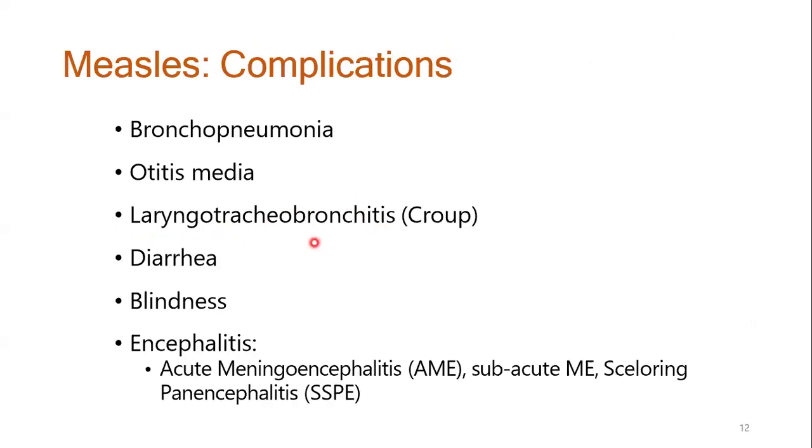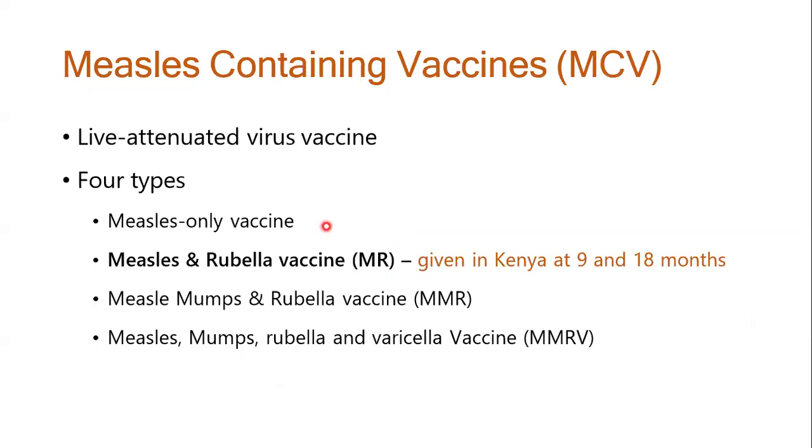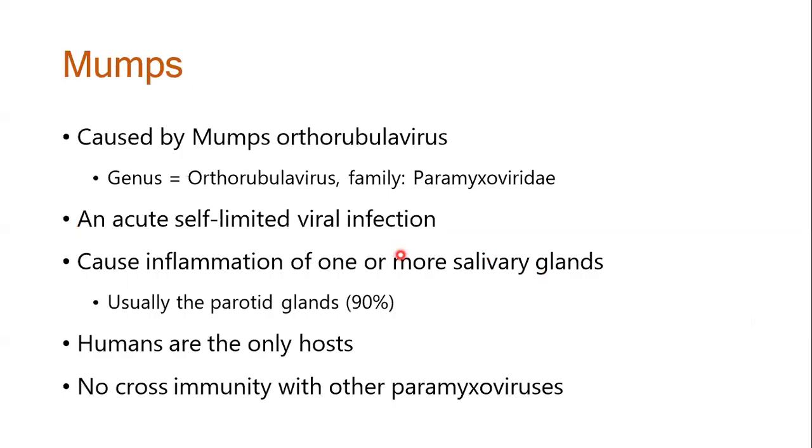Yes, then croup, or laryngotracheal bronchitis. Okay, so that's the important thing you have to know about measles. And then the types of vaccines, the relevant one we give in Kenya is the measles and rubella vaccine.